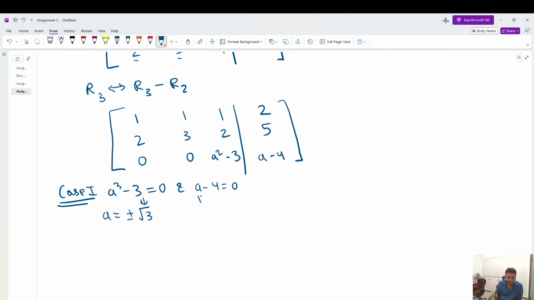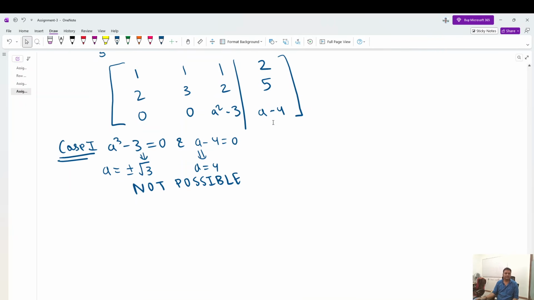And from here, A is equal to 4. Is it possible that A square is 3 and A is 4 also? No, not possible. So you can never have this row 0.